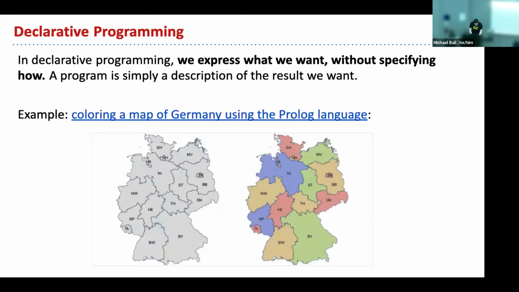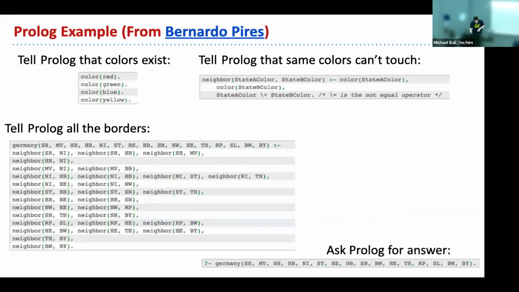So if we look at this map, right here, these two provinces at the bottom, BY and BW, those are neighbors. But BY is not a neighbor of ST, which is sort of in the middle, so we wouldn't tell Prolog that. But we essentially give Prolog this list of rules. At the very end, we ask it for some answers.